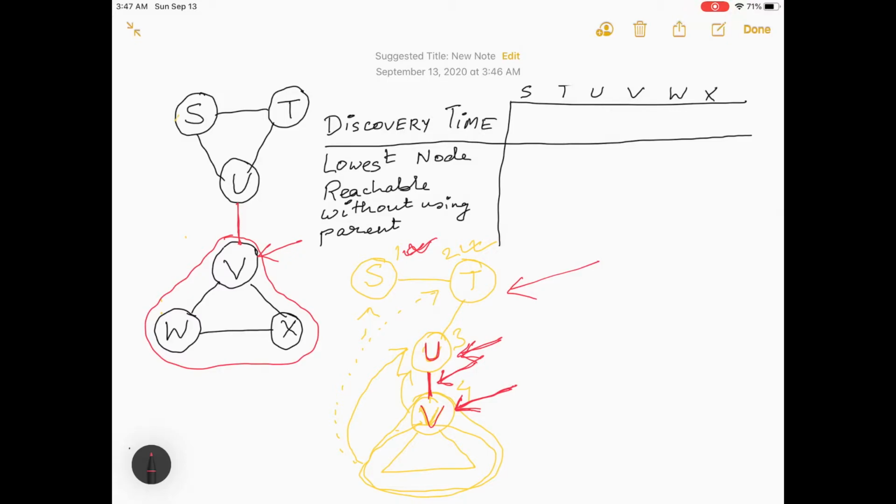And if the adjacent node is not an ancestor, then we compare the current earliest discovered node reachable for the current node with the earliest discovered node reachable from that adjacent node, and take whichever is minimum.